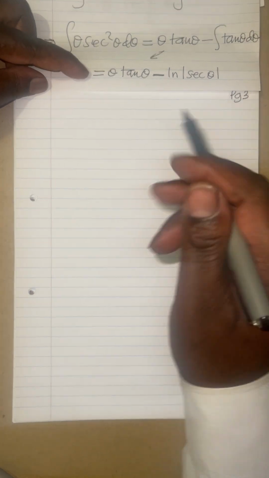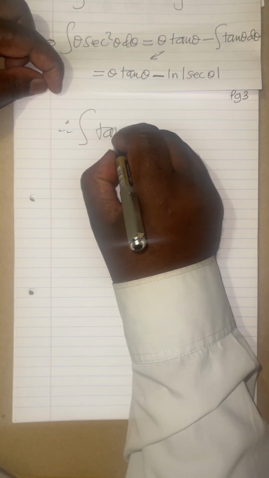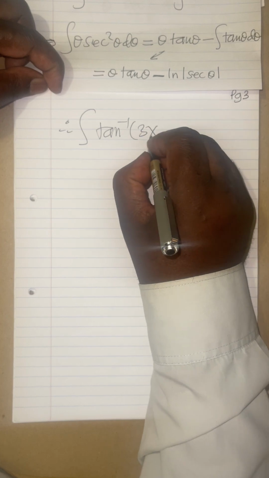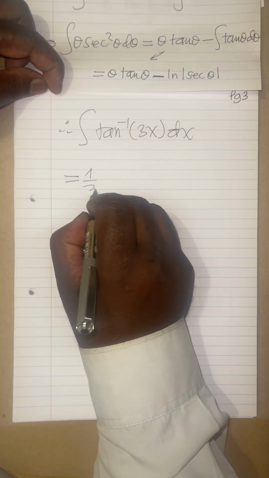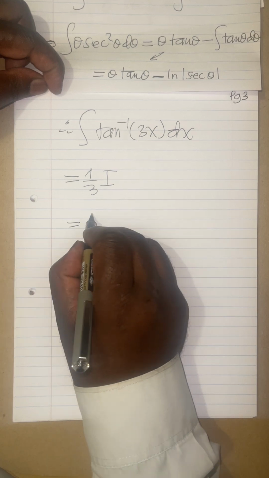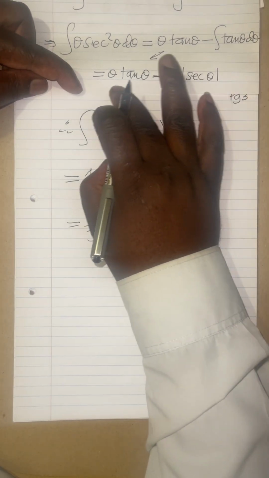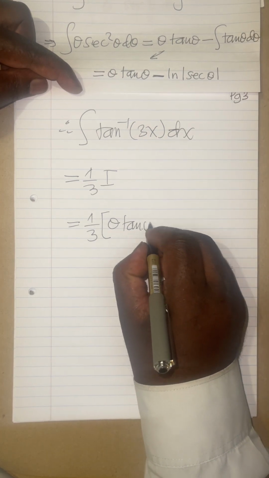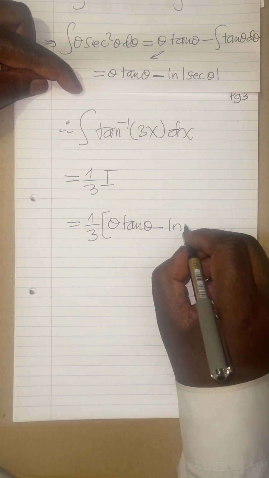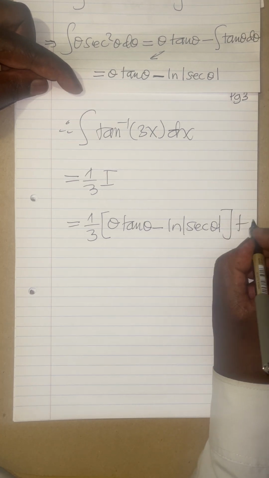Yeah, right. So therefore our integral of tan inverse of 3x dx, which is equal to 1/3 I, is equal to 1/3. What is our I? I is this one here. You can see it, yes. Theta tan theta minus natural log of sec theta, like this, and then we say plus C.